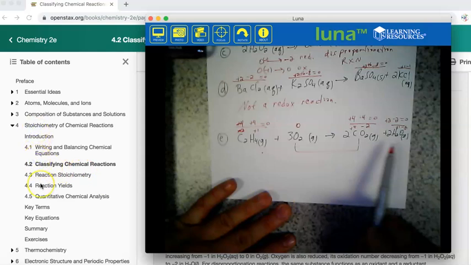Here they're showing you a nice flow chart, where this is example 4.9, another problem in your book. We'll get to that in just a minute. But this flow chart tonight, what I really would like to show you, honestly, is basically the relationship between moles and mass.